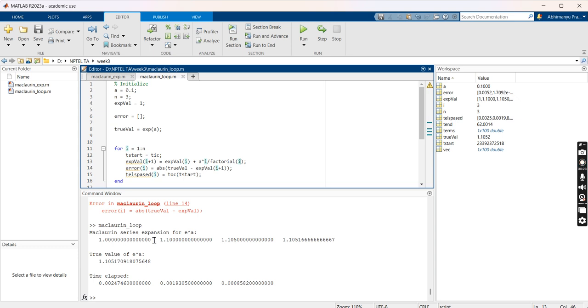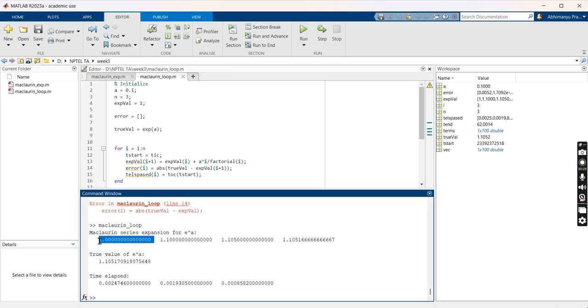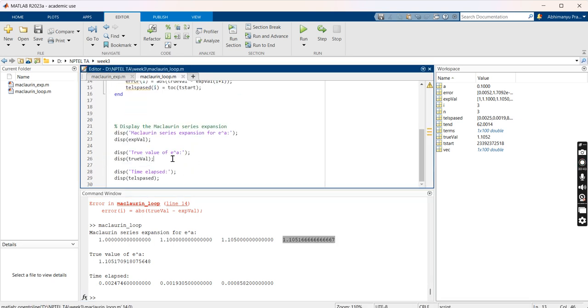So this is the first term of Maclaurin series, just the constant term 1. This is 1 plus a, this is 1 plus a plus a square upon 2 factorial, this is 1 plus a plus a square upon 2 factorial plus a cube upon 3 factorial. And with each increasing number of terms, okay, let me plot error also, so we can see.